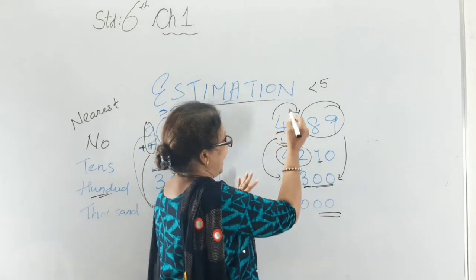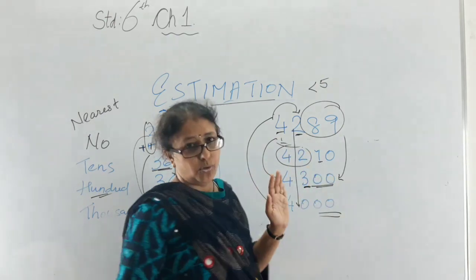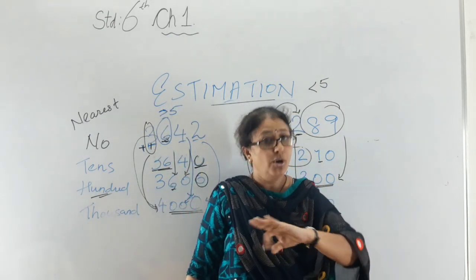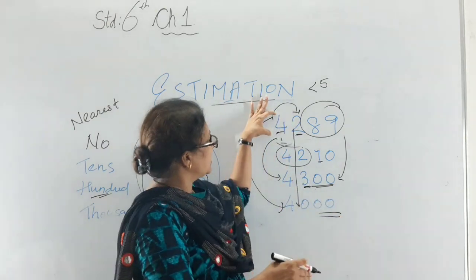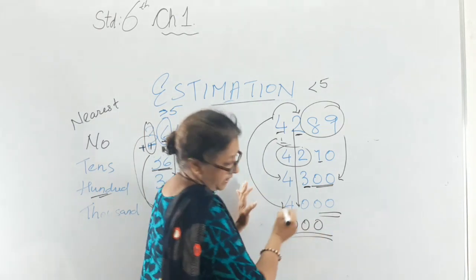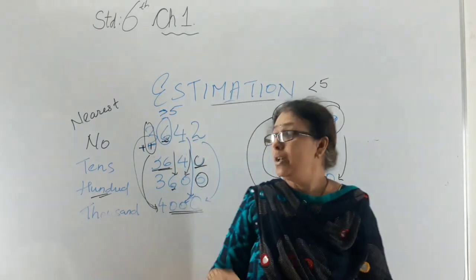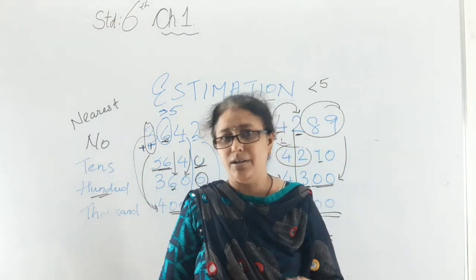So 4 will remain as it is and 2 will get converted into 0. No addition of one more to the number in the thousands place, and so my answer is 4000.